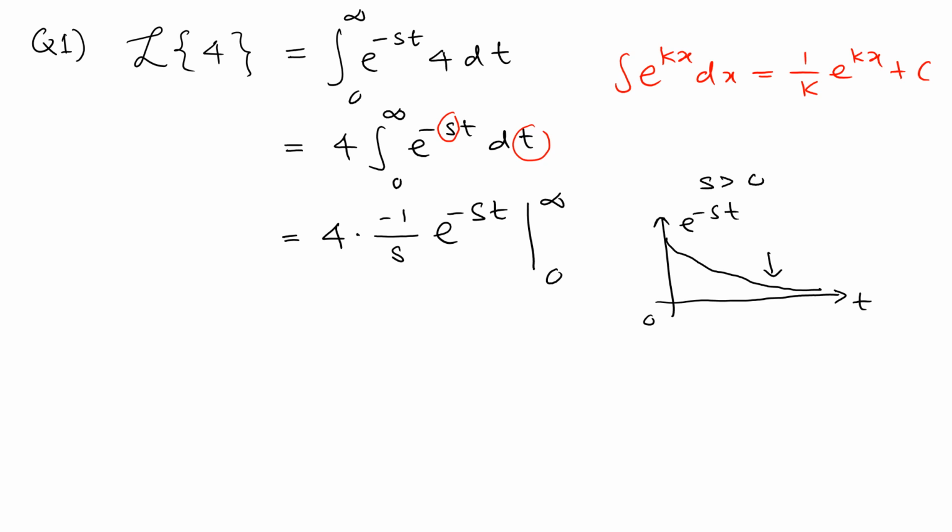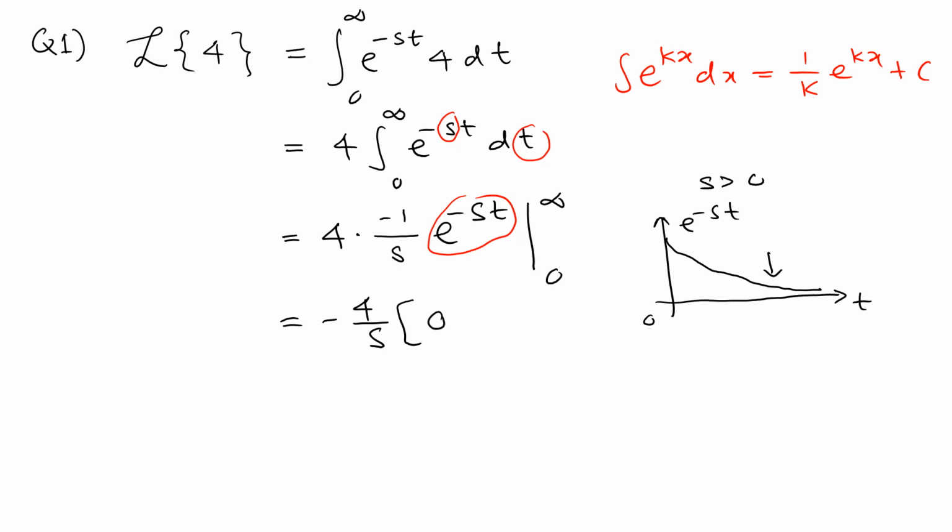Because of that, what happens? If you evaluate the function at those two endpoints, you can write this as negative 4 over s, and at infinity the function goes to 0. This part goes to 0 at infinity because of this graph, so it is 0.